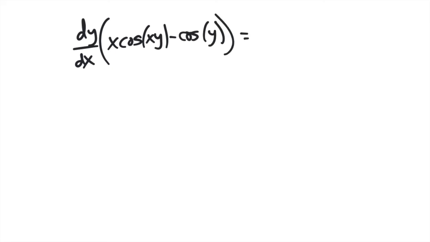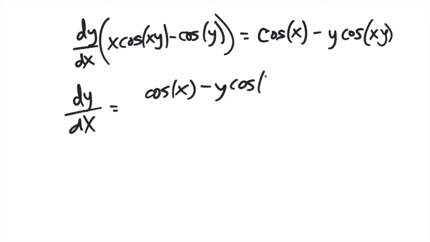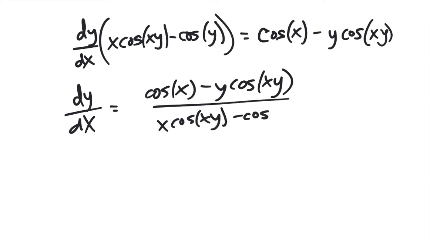And this is all supposed to be equal to, just double checking over here, cosine of x minus y times the cosine of xy. Now dy/dx all by itself is equal to cosine of x minus y cosine of xy, all divided by x cosine of xy minus cosine of y.